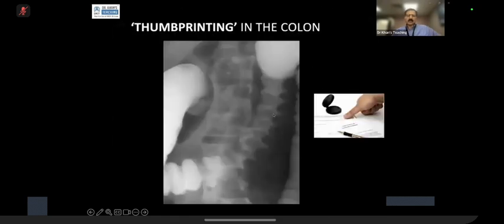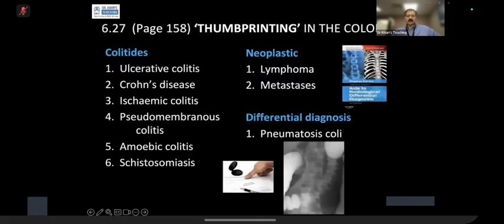Now, this is classical thumb printing. If you see here, this is classical thumb printing, and this is how the word thumbprints comes, when you use a stamp pad. Now, there is a differential diagnosis for thumb printing itself. Please remember, thumb printing can be seen on plain film. They can be seen on bariums or gastrographins.